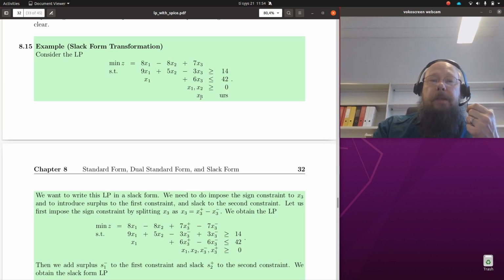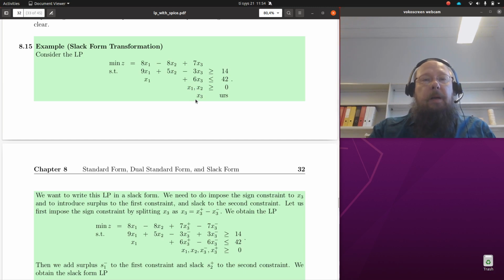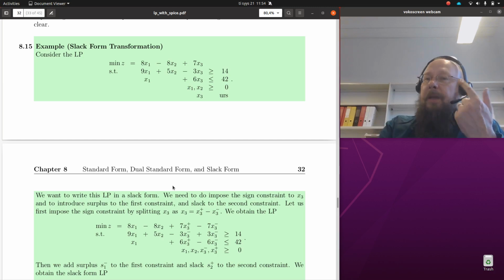So let us start by splitting x3. How do I do it? Remember, x3 becomes x3 plus and x3 minus everywhere, such that x3 is the positive part x3 plus minus the negative part x3 minus.